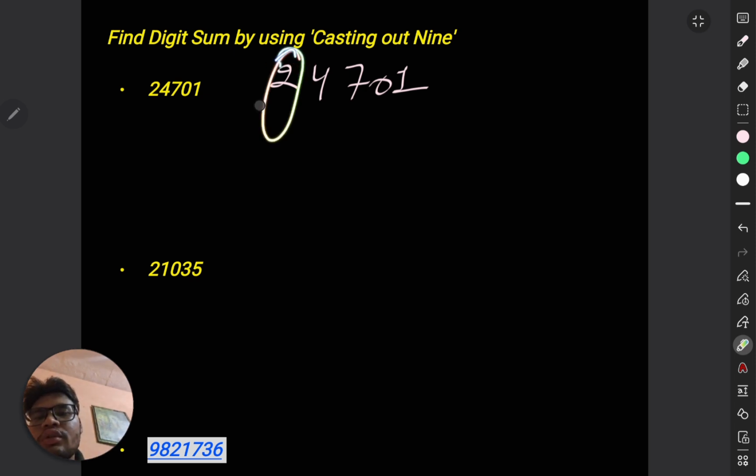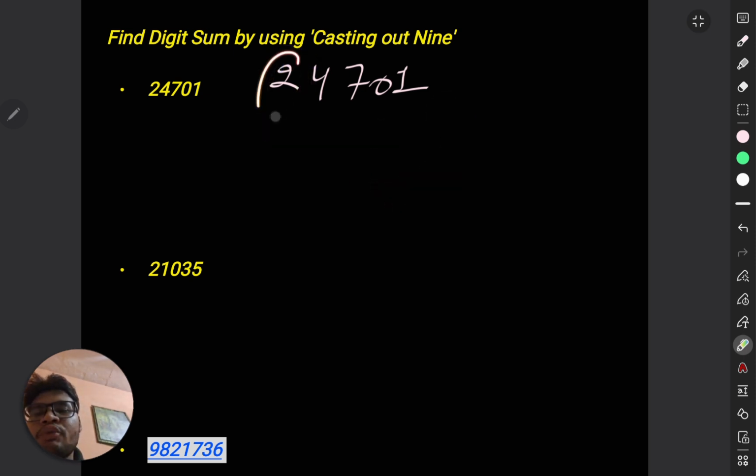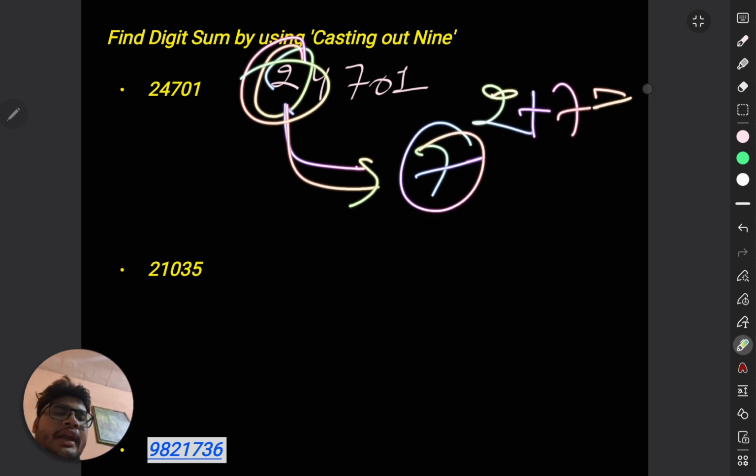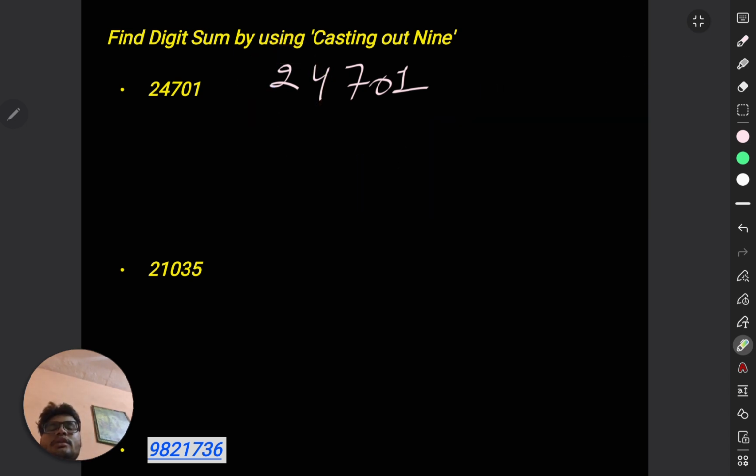Here is 2. What number do we have to add to this 2 to give 9? We know 7. When we add 7 to 2, 2 plus 7, we get 9, and that's why 2 and 7 will be cast out.